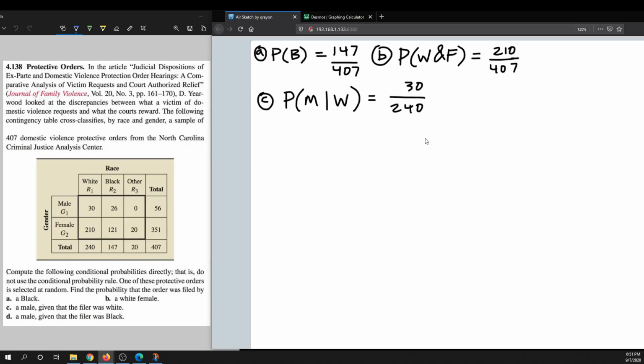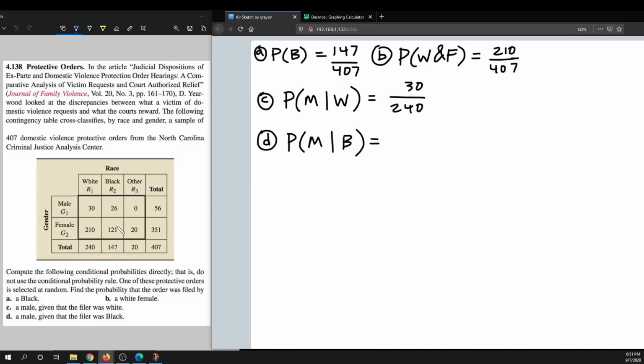Next up in part D, they want to know what is the probability that the person is a male given that the filer was black. So that again is a conditional probability. I'm given that the filer was black, and so now what we want to do is calculate the probability of the event that they are male. And so again, our sample space would be the black people who were filers in here.